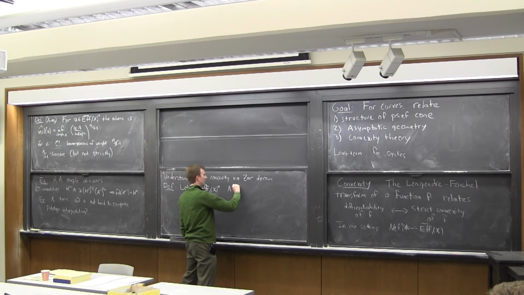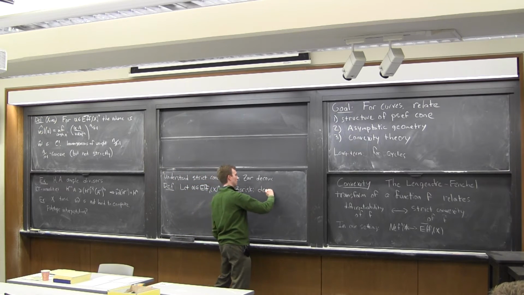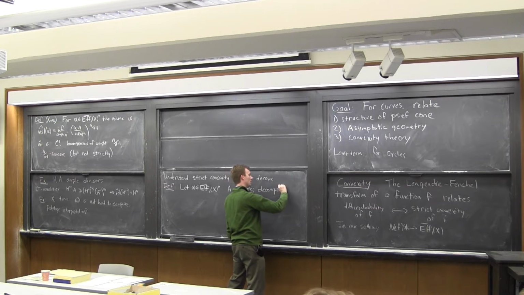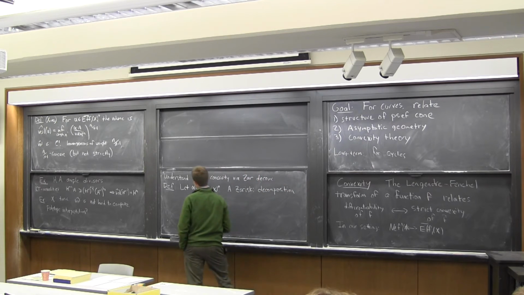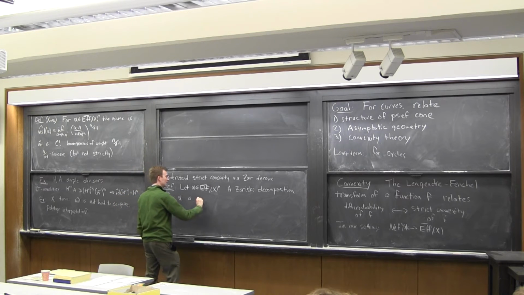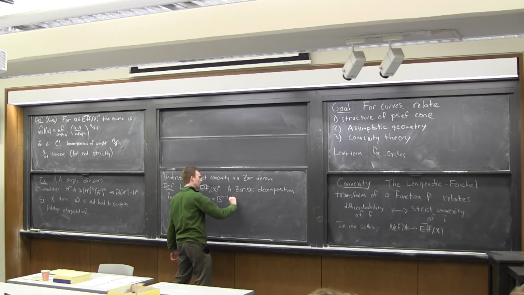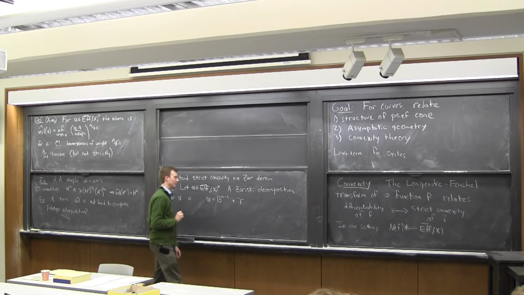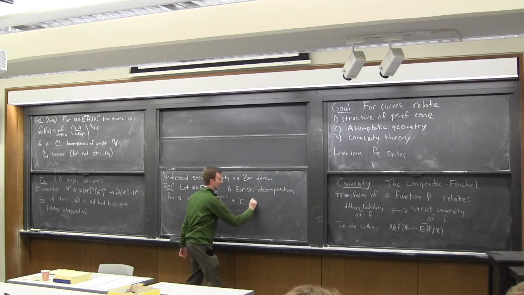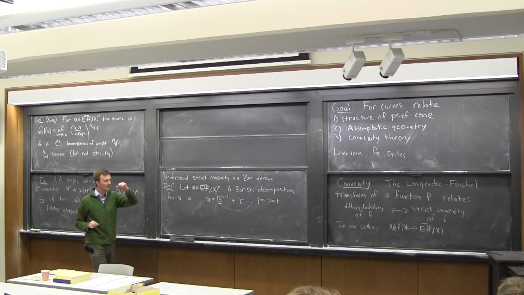Then a Zariski decomposition for alpha is an expression alpha = B^(n-1) + gamma. So it's the sum of the positive part and the other part, the negative part.